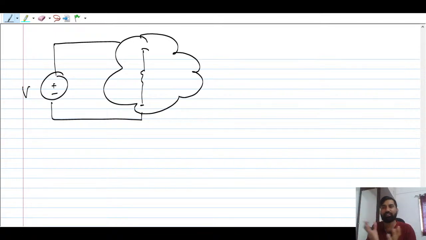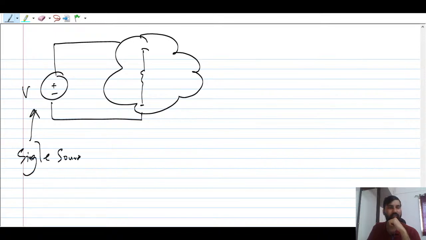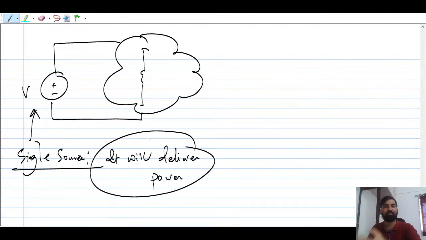This network consists of only resistors, right? So a single source is there, so it will be delivering power, remember. It will deliver power, then only the resistors will dissipate power, right?